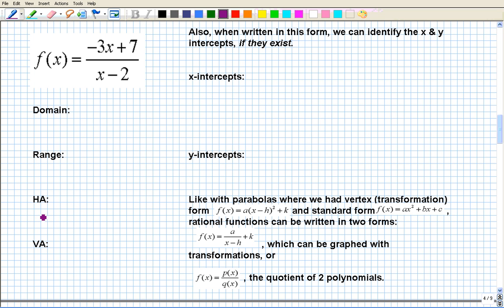So we have negative 3 over 1x, so my horizontal asymptote is y equals negative 3. Once you know your horizontal asymptote, you also know the range, and that will be the set of all real numbers where y is not equal to negative 3.